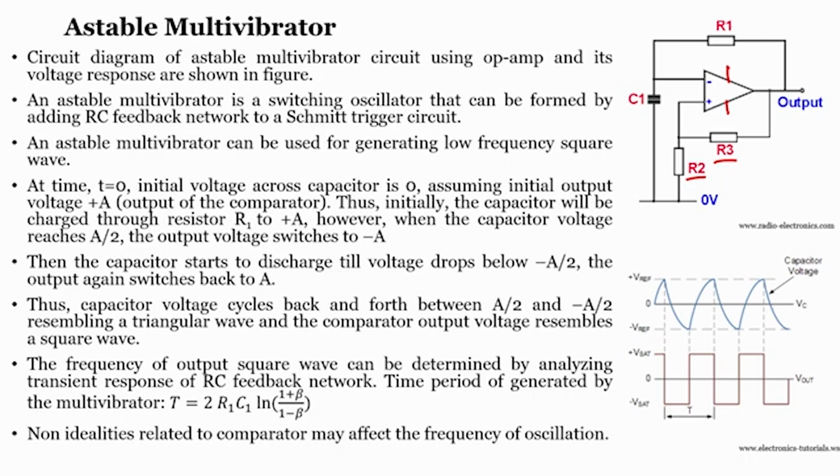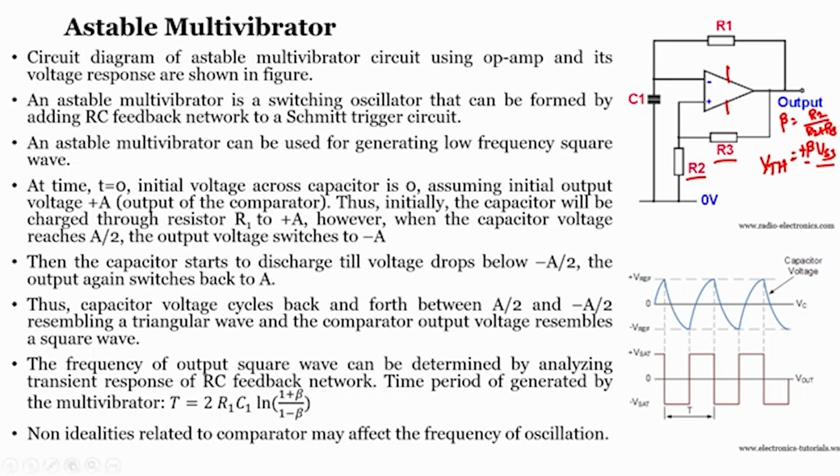And we have also seen the calculation of the higher threshold value VTH, which is equal to plus beta into VSS. That means positive supply voltage times beta, where beta in this case is R2 divided by R2 plus R3.